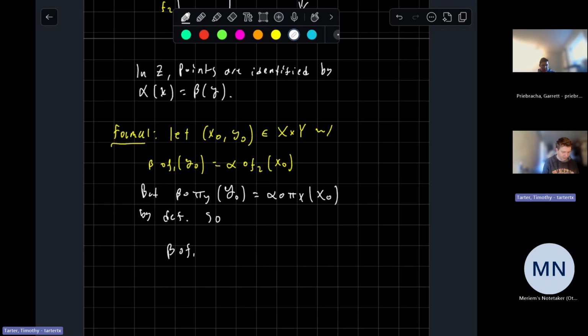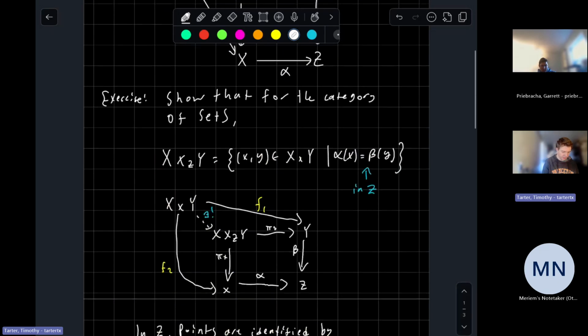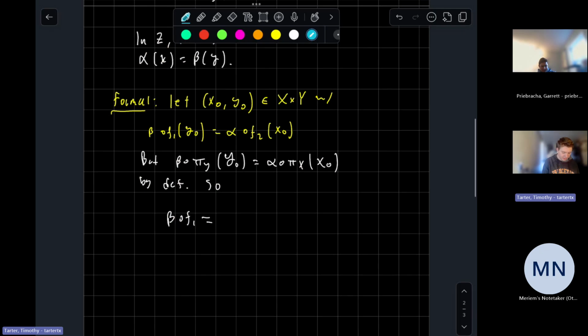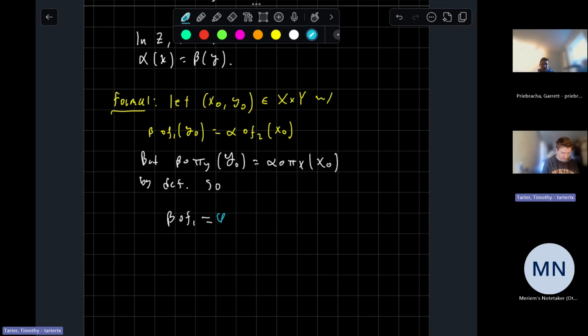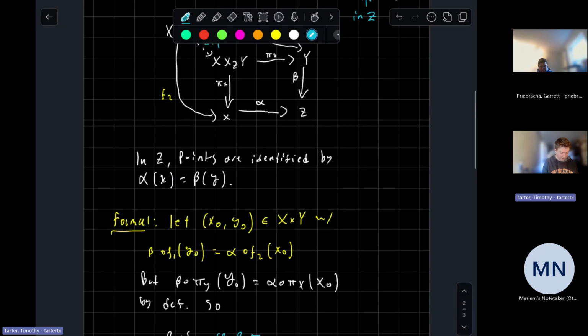So beta circ f1 is equal to, and we'll call this thing, we'll call the factorization phi, phi circ beta circ pi y, and then alpha circ f2 is equal to phi circ alpha circ pi x.